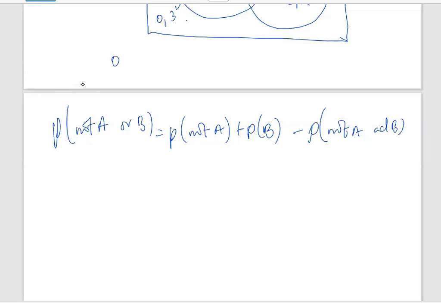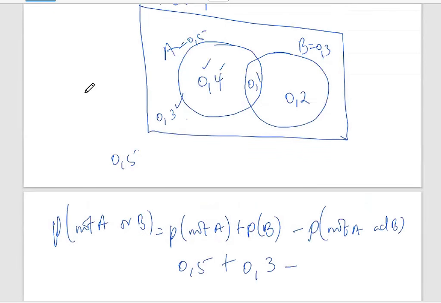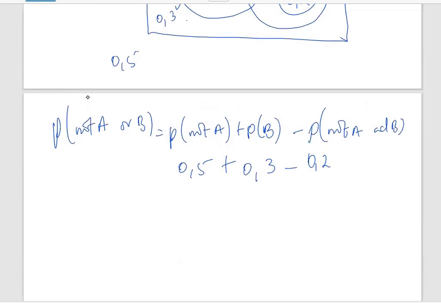Okay, because A is 0.5, then not A will be 0.5. B was given as 0.3 minus not A, outside of A, which is here, and B. So it's 0.2. So 0.8 minus 0.2, the answer we get is 0.6.